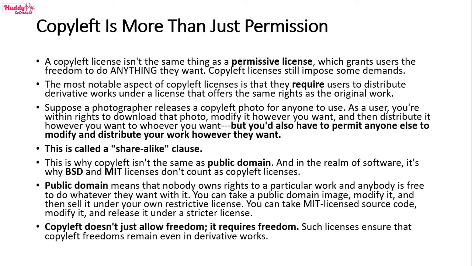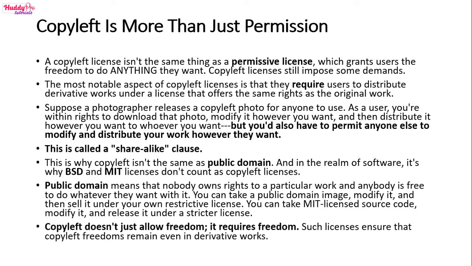You can take a public domain image, modify it, and then sell it under your own restrictive license. For example, you download any image that is free of charge under the public domain. When you download it and modify it, you can even sell it, and you can sell it under your own licenses that are restrictive in nature, not the original public domain license. So public domain allows that.